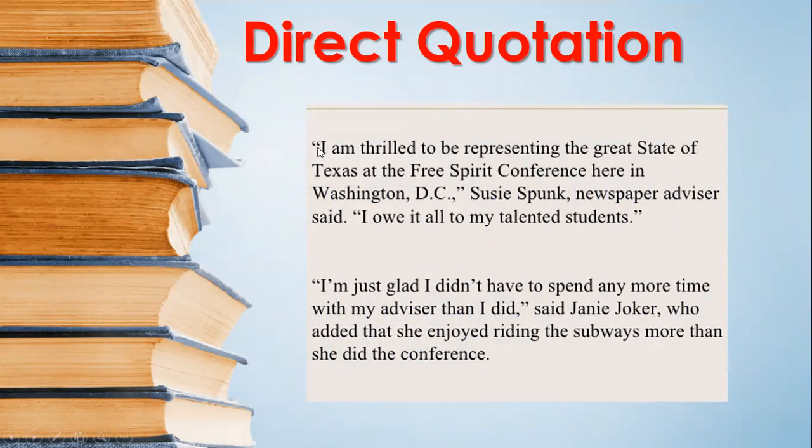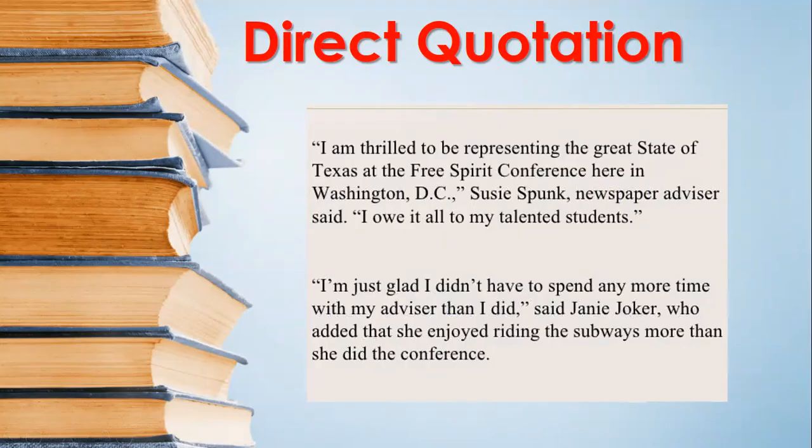So again, direct quotation is mainly identified and represented by the presence of quotation marks. Okay? And then that's it. Those are the various techniques of summarizing. And overall, in general, that is the nature and structure of academic texts. Okay?